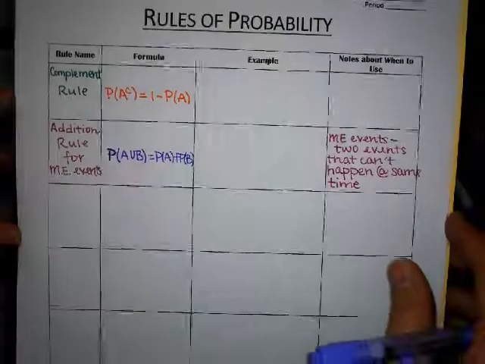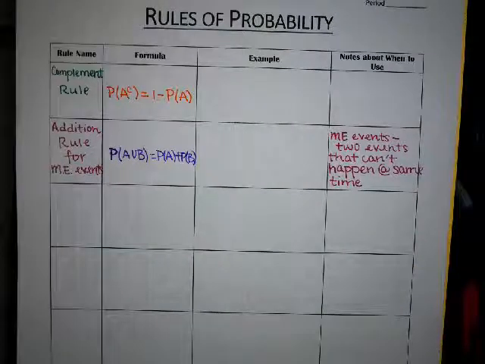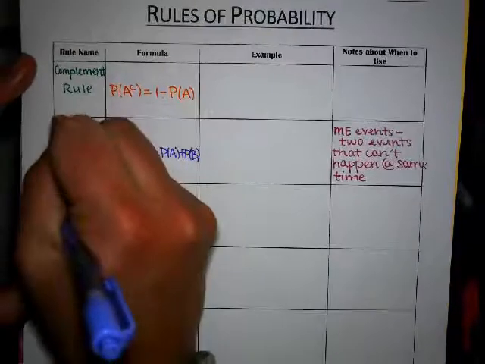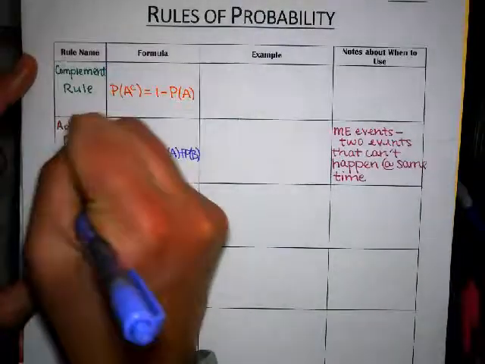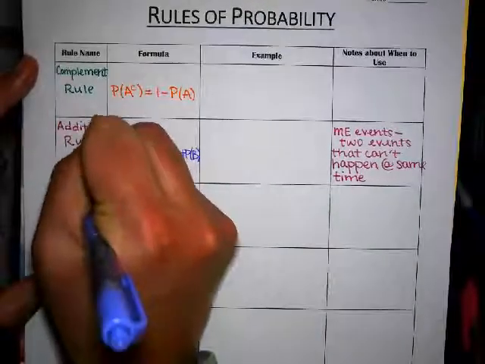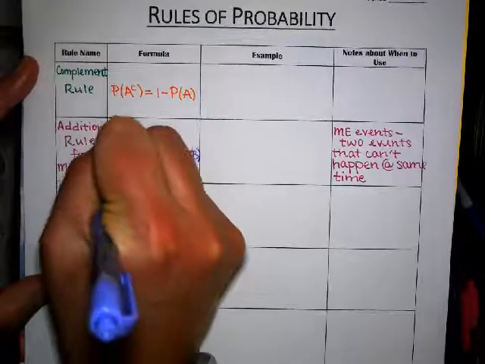And then, of course, we learned, well, not everything's mutually exclusive. What if event A is a red card and event B is picking a card that says 6? Those aren't mutually exclusive, so we had to have an addition rule for any two events.